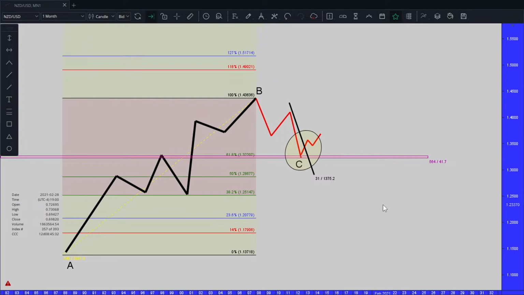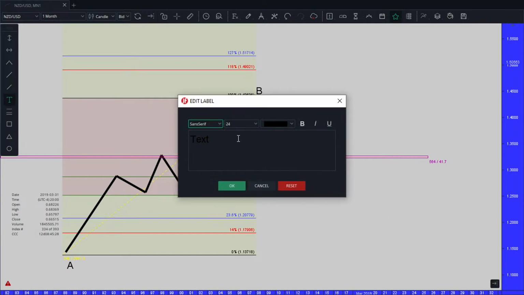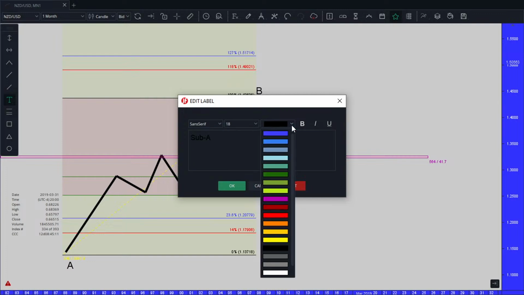Now, good news. The contrarian Fibonacci is going to obey exactly the same rules, all right? So I'm going to use the vocabulary. You can say 1, 2, 3, 4. Me personally, I'm going to use sub A, right? I'm going to even change color.